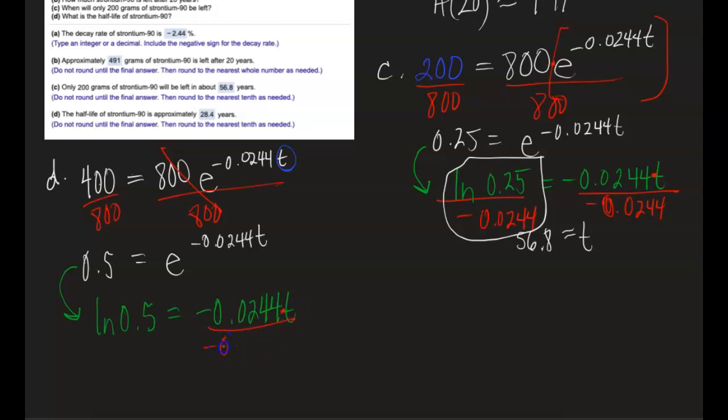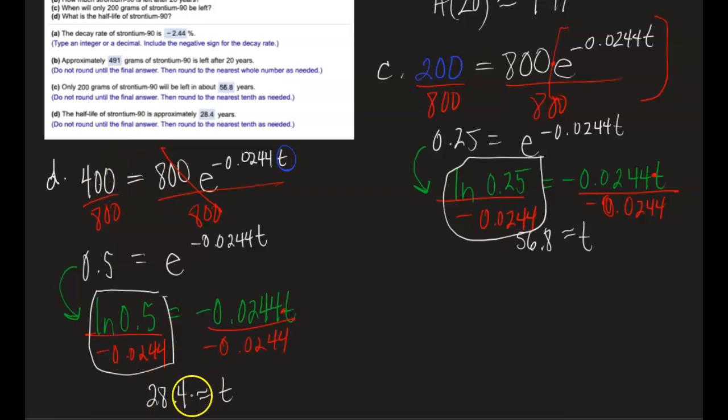I want to do the inverse. And again, if I type all of this into my calculator, I don't have to worry about rounding until the very end, and I get that t is approximately 28.4 years. So in other words, it takes a little over 28 years before half of the element has decayed. That is its half-life.